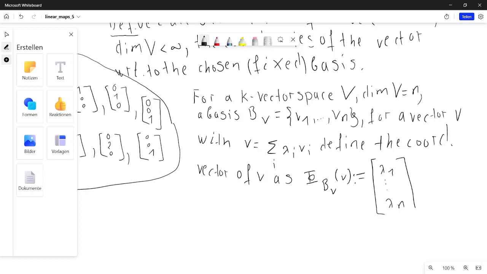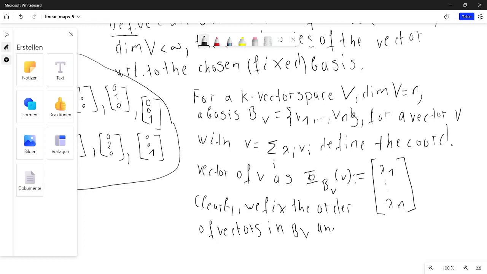Yeah, clearly we fix the order of vectors in B_V and of the corresponding coordinates.